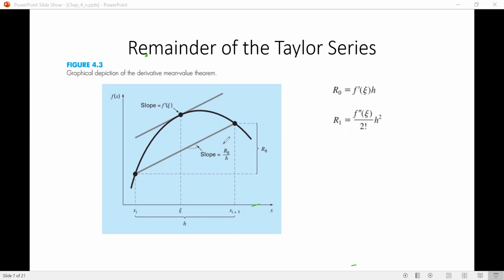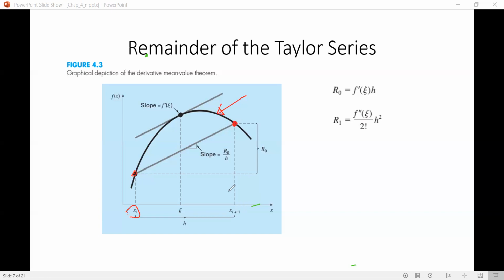So in this way, your black line is your original function, and the value of your function is given at this point at xi, and you are approximating the value of your function at this point.